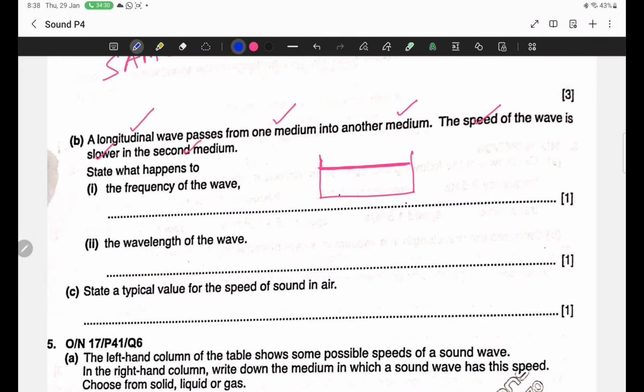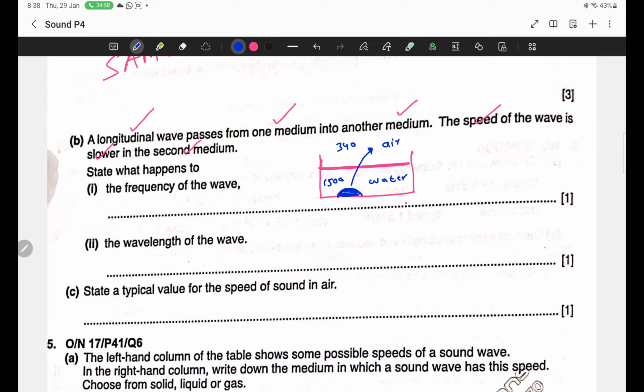Consider here is a loudspeaker, and when this loudspeaker produces sound, this sound passes through first water, and you know in water the speed of sound is 1500. And when this sound enters into air, then it slows down. It means there is a difference of speed of sound.